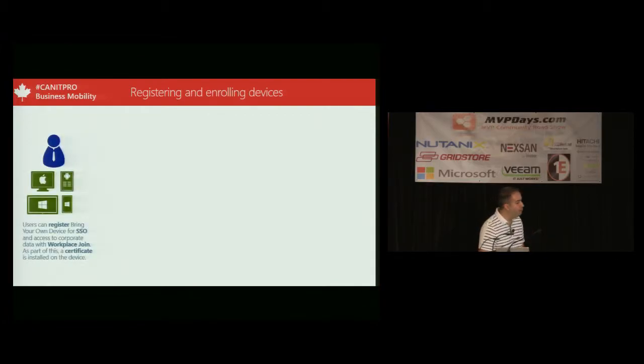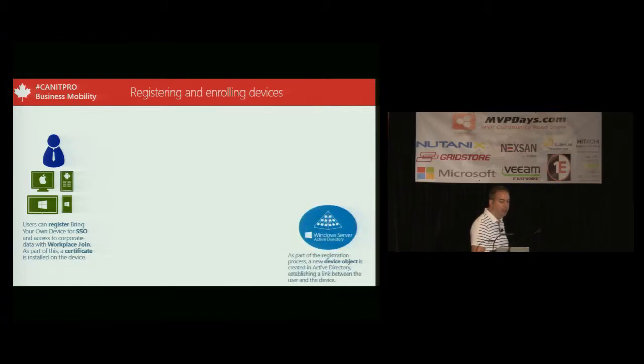So in the scenario of registering the device, users bring their own device in, and in an SSO configuration through single sign-on, it would federate across to Active Directory if you need it. So in the implementation that I showed you, I didn't have that requirement. The profiles were set in the cloud.